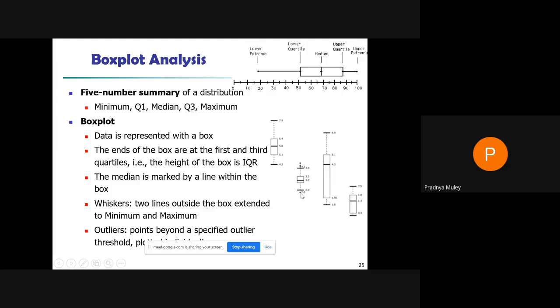This value appears beyond the box plot, so this is called an outlier. Okay, so these are the outliers. Box plots are used to find the outliers also.